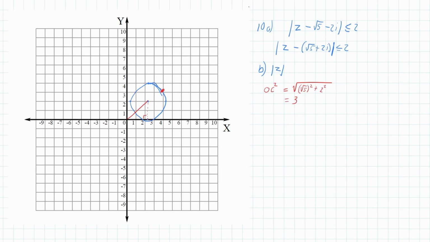Okay, and then the next part we know is this bit here, this purple bit, and we know that because the radius of the circle is 2, so we'll call that C, and I'll call this D. CD equals 2, and therefore the greatest value for the modulus of Z must be equal to those two combined, right?